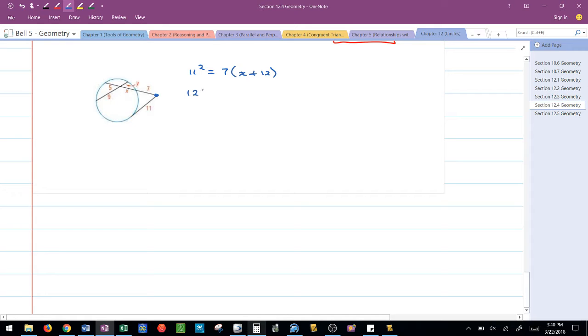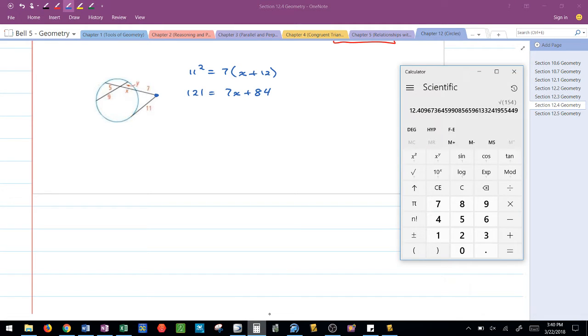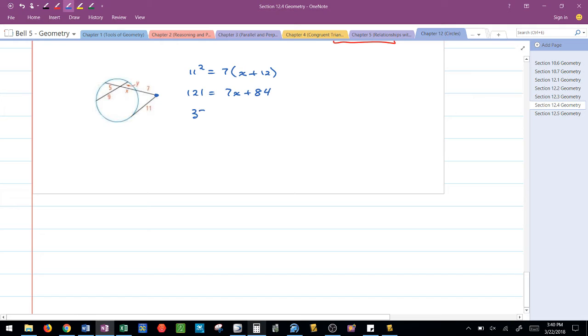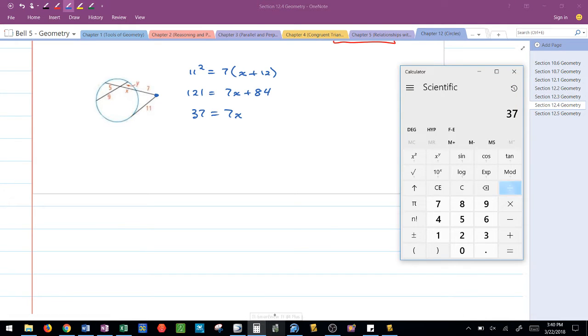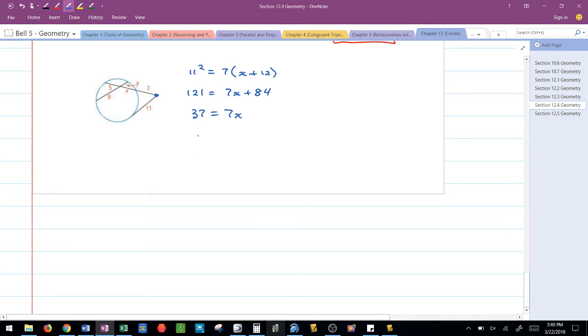So this gives me 121 is equal to 7x plus 84. And grab my calculator. I have 121 minus 84, which is 37, is equal to 7x. And then I'm going to divide that by 7 and round to the nearest tenth, so that would be 5.3 in this case.